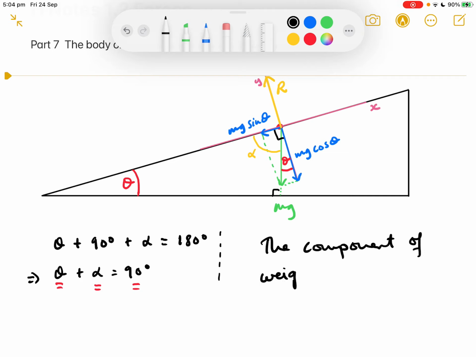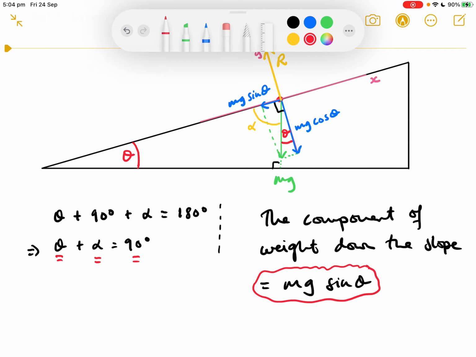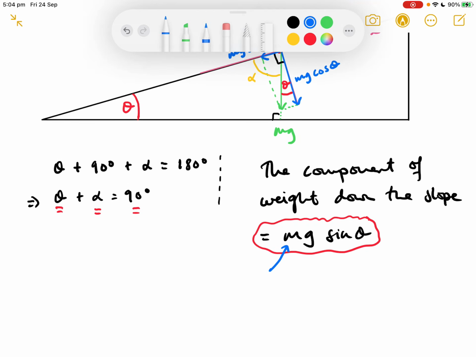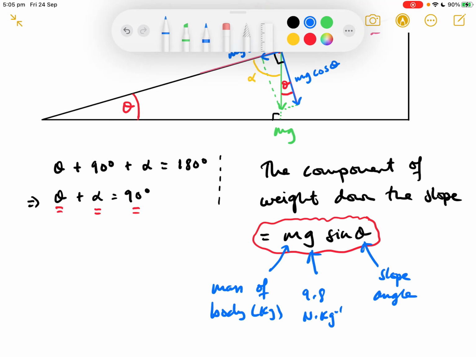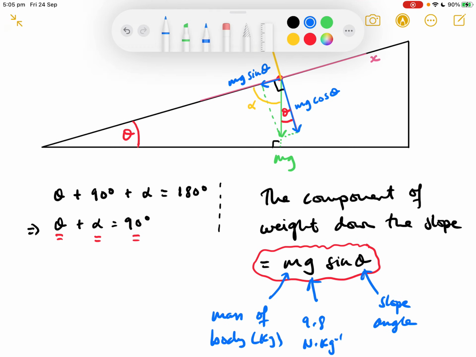The component of weight down the slope always equals mg sine theta, where m is the mass of the body, of course, in kilograms, g is the gravitational field strength, 9.8 newtons per kilogram, and theta is the slope angle as defined above.